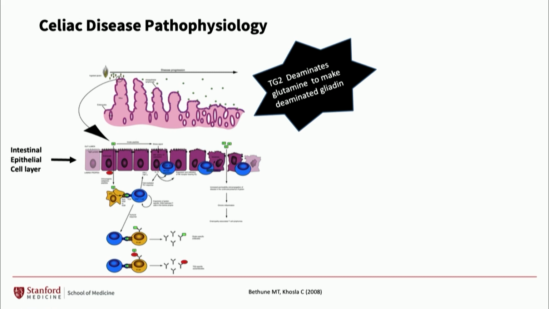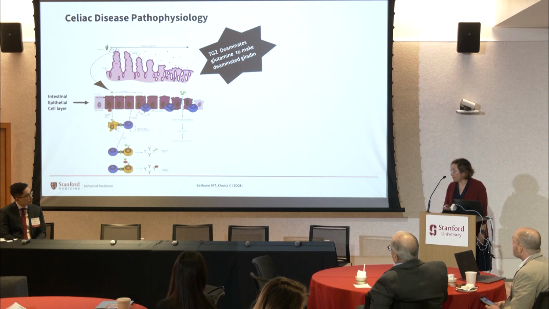Finally, B cells are activated, and antibodies are made against gluten and against tissue transglutaminase. The reason I'm going over this is because this is the basis of the diagnosis. We look for the antibodies that tell us there's immune reactivity, and also the hallmark of celiac disease is mucosal injury, so we rely on biopsies for that.